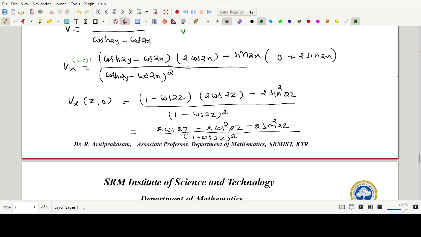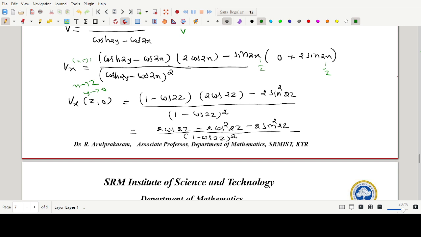In the place of x put z, and y to 0. So here cos 0, replacing y with 0, cos 0 value is 1. Here cos z into 2: 2 cos 2z minus 2 sin 2z into sin 2z, nothing but 2 sin square 2z.